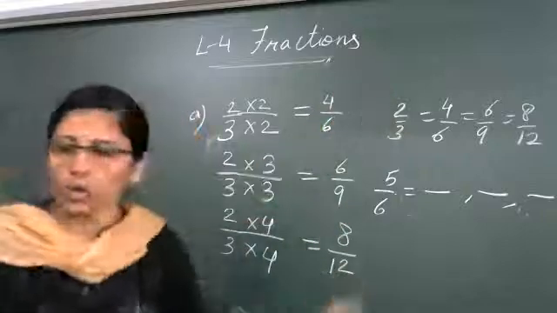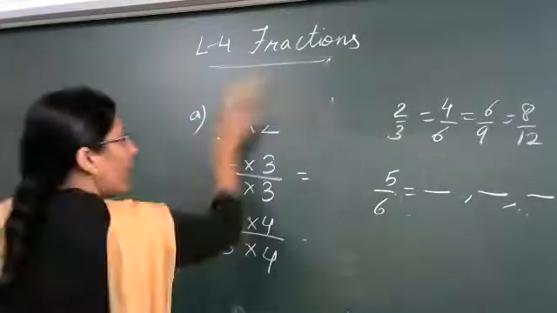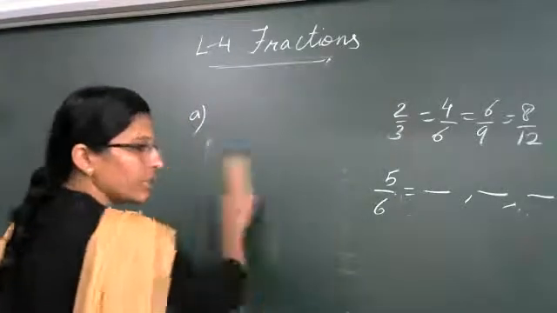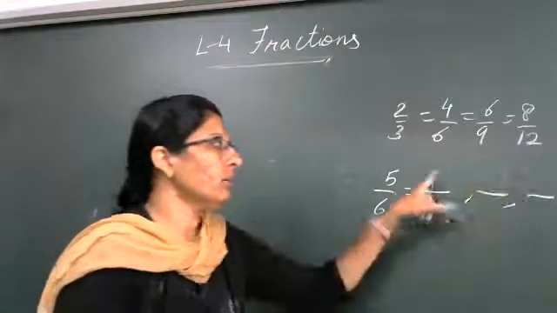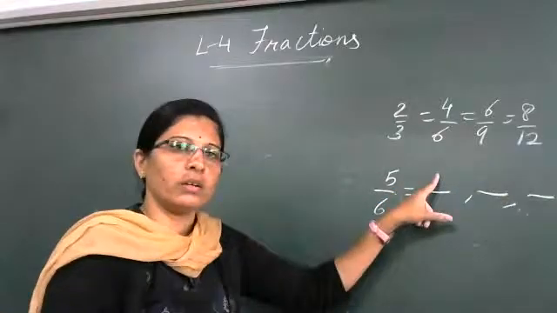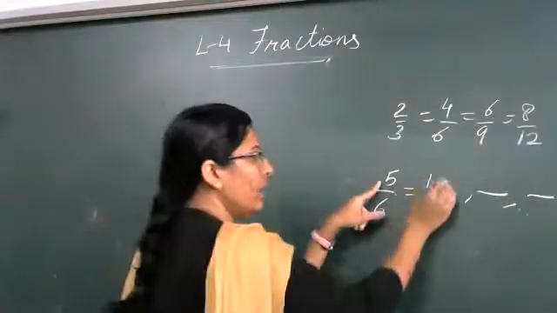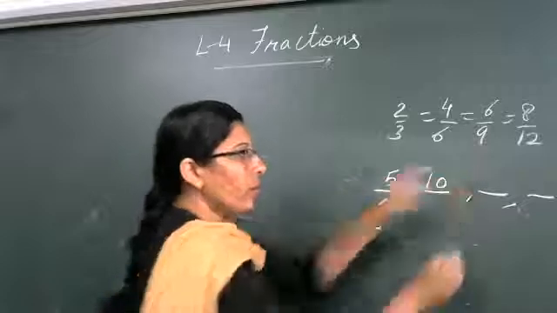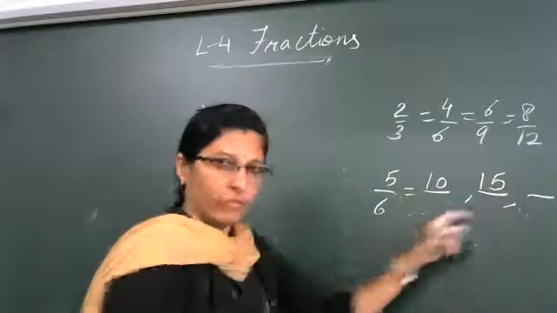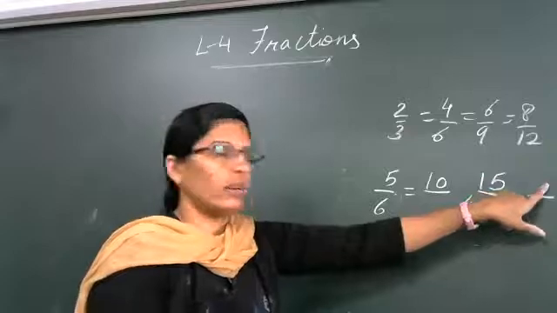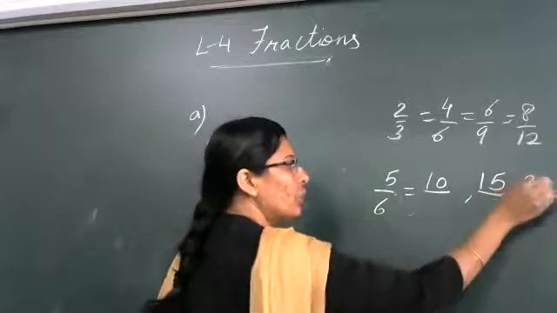Okay. Now tell me the equivalent fraction of 5 by 6. What will come here? 5 2s are 10, 5 3s are 15, 5 4s are 20.